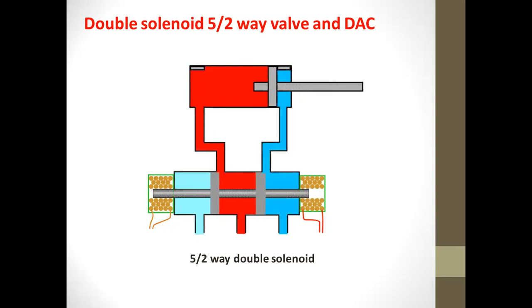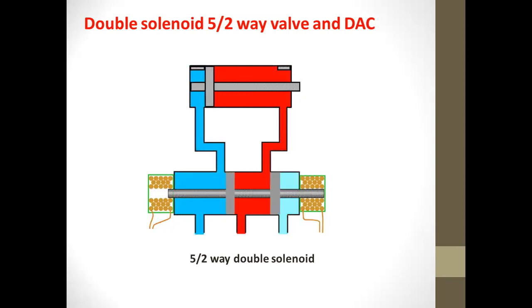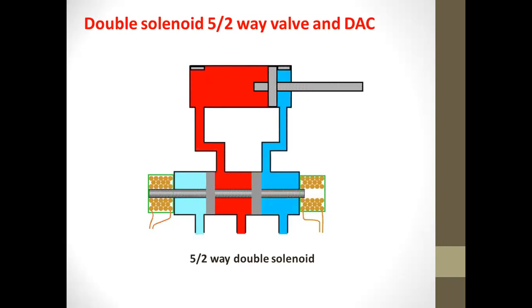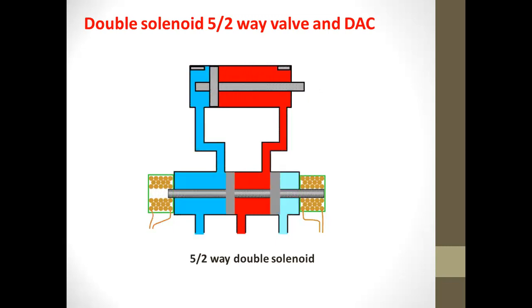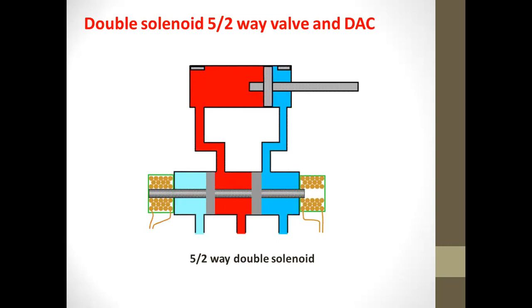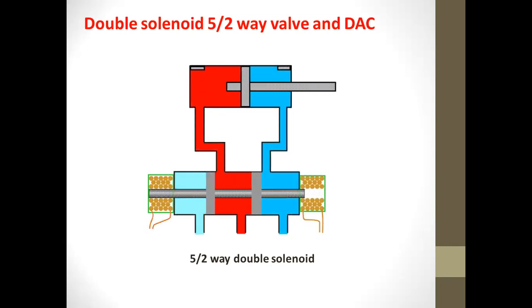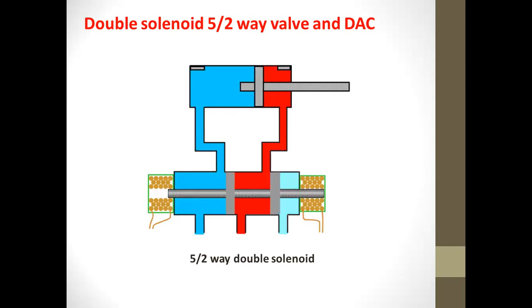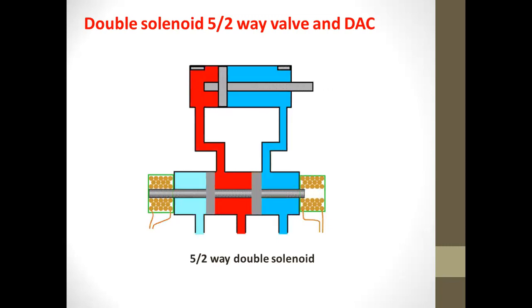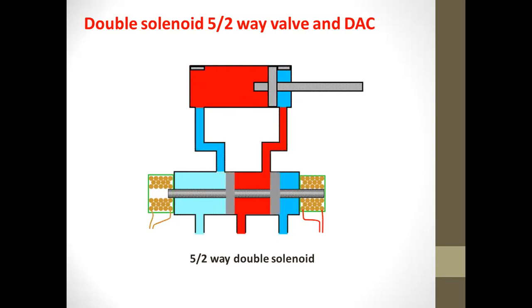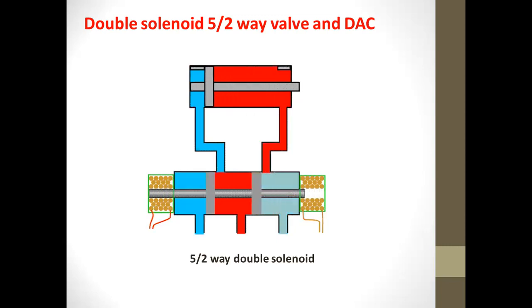Then you need to have the single coil. Because in a single coil, the only thing that can enable the cylinder to extend is energizing the coil. Once you de-energize the coil, the cylinder retracts.